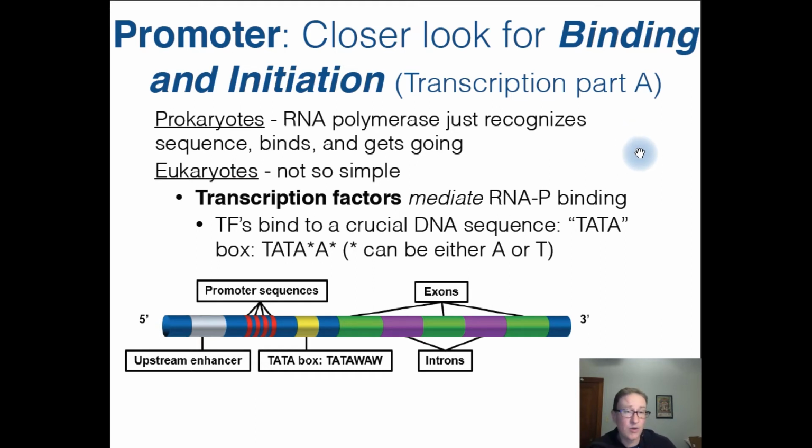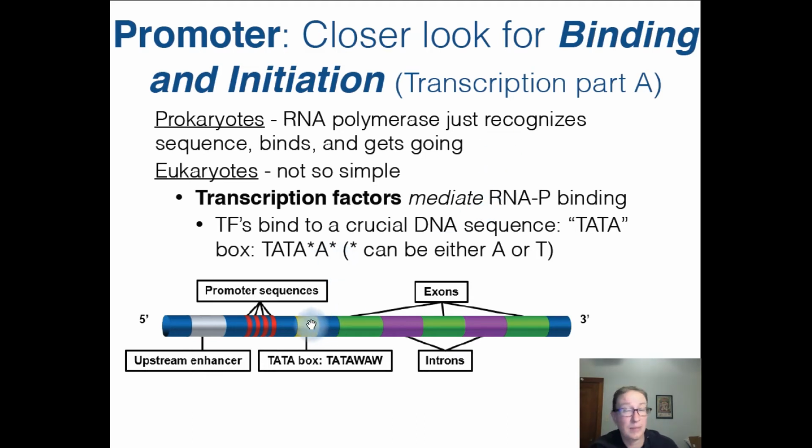These transcription factors bind to a crucial sequence of DNA that's usually referred to as the TATA box, because it has a general sequence of TATA, and then we have these asterisks. Those could be either an A or a T, and then there's another A and then another wildcard as well.